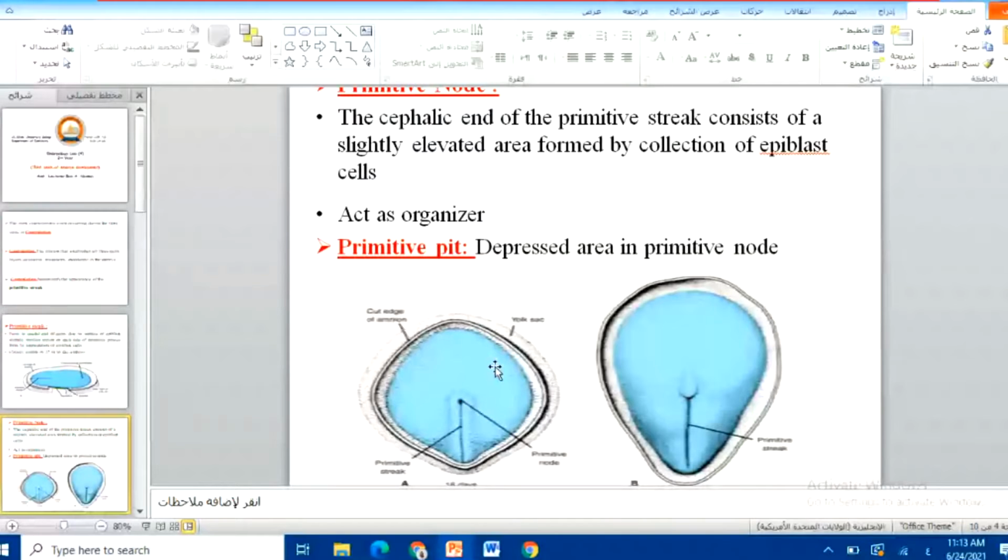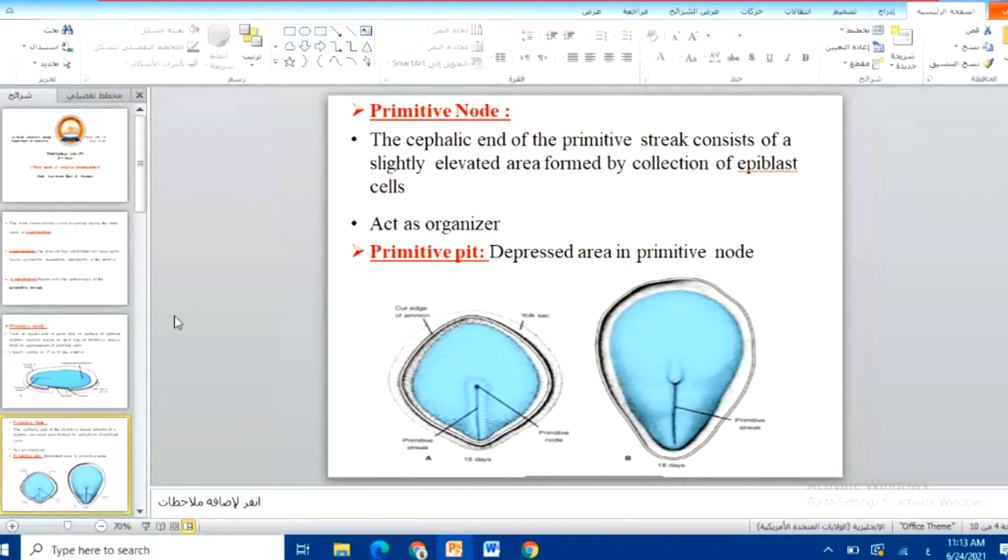This structure also contains other structures called the primitive node and the primitive pit. Both of them have their own duty in the formation of the layers and the buds of the other systems.